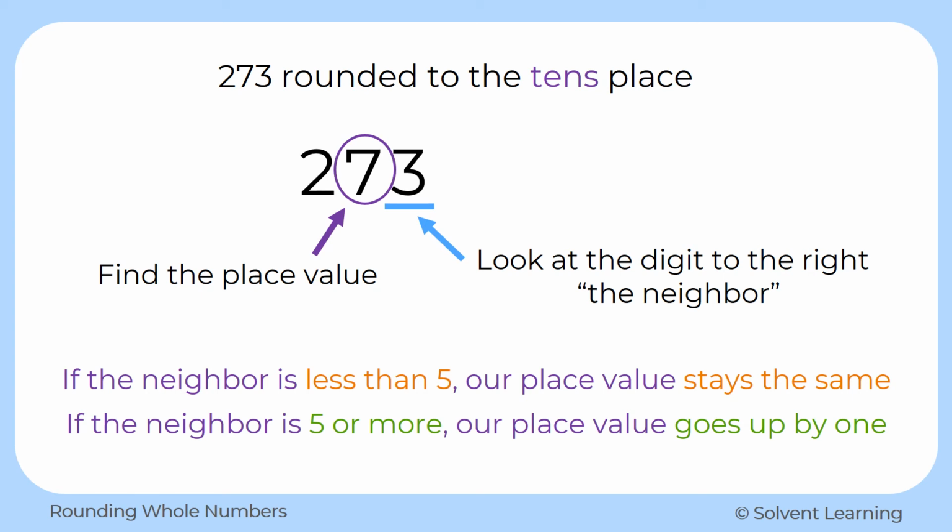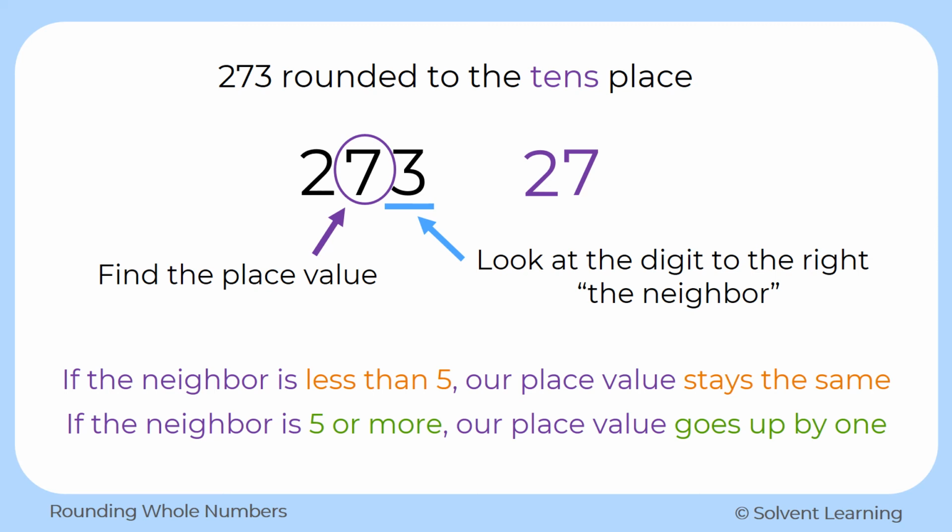Any number that's to the left of our place value will also stay the same. So the 2 in front doesn't get affected by anything at all. That would always stay the same no matter what's going on with the 7. So start off by keeping the 2 the same. Now we know that the 7 is going to stay the same because the neighbor, the 3, said that it didn't have to change.